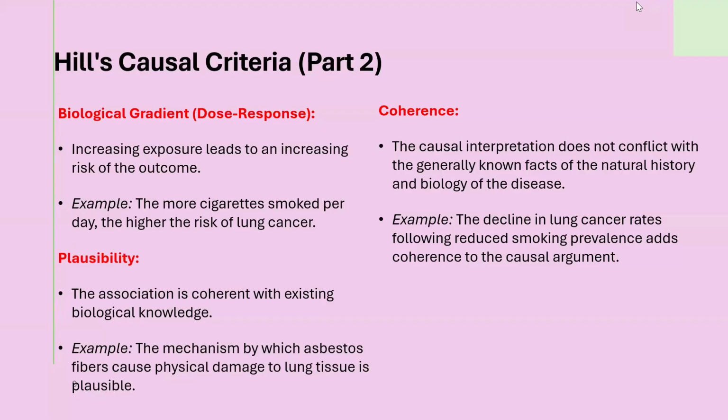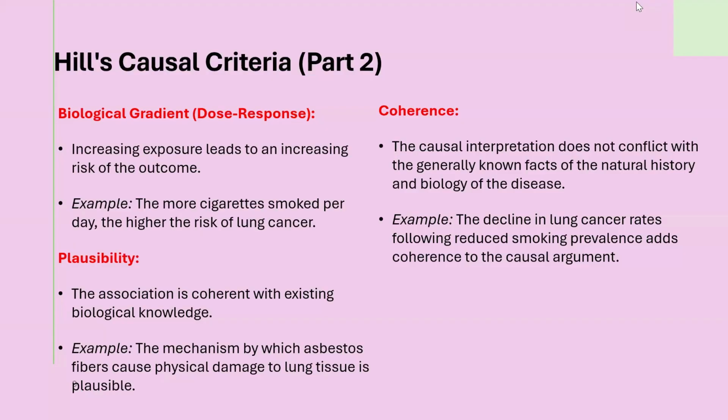Then there is also the plausibility, which says the association is coherent with existing biological knowledge. So that exposure outcome relationship needs to concur with what is already known in literature, or what already exists as biological knowledge. Then the other one is coherence, and that means the causal interpretation should not conflict with generally known facts.